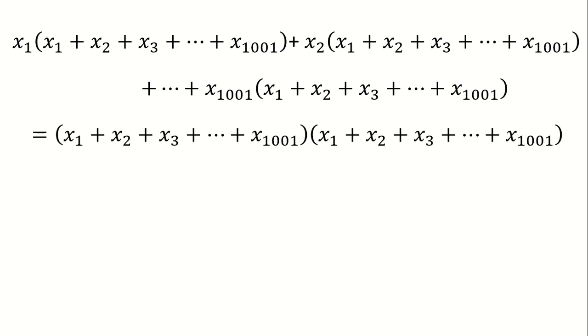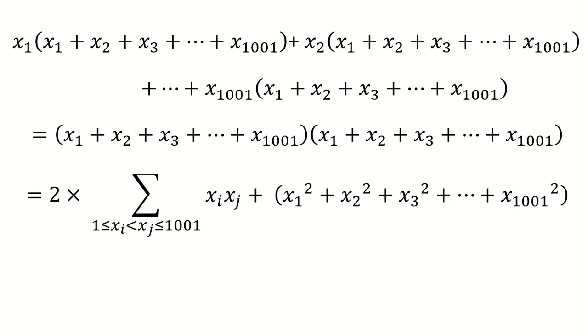So we can factor the expression x1 plus x2 plus x3 until x1001 and have this final expression: (x1 plus x2 plus x3 plus etc. plus x1001) times itself, which is to the power of 2.